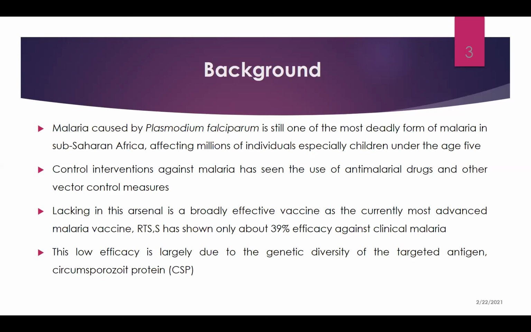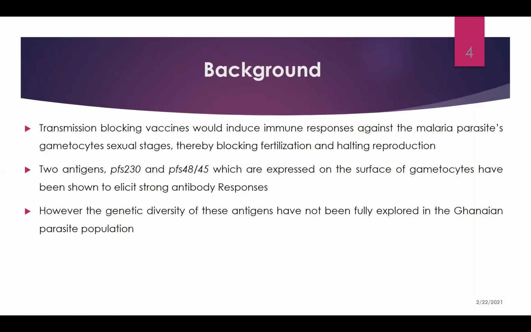But what is lacking among these tools is a broadly effective vaccine. The currently most advanced malaria vaccine, RTS,S, has shown low efficacy in clinical malaria. Studies have shown this low efficacy is largely due to the genetic diversity of the targeted antigen, the circumsporozoite protein. Now, transmission blocking vaccines will induce responses against the malaria parasite's gametocytes, the sexual stages, thereby blocking fertilization and halting reproduction.